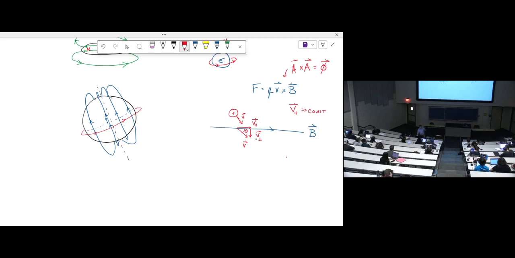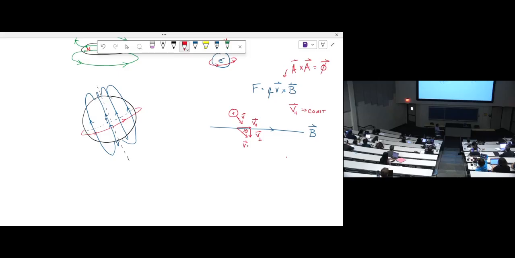What about V perpendicular? I saw some of you already exercising your right-hand rule. We'll get to that in a second. The right-hand rule is going to give us a way to calculate in what direction the force is. I'm going to start with V. V is going to be down and to the right here. Then I want to turn my palm such that as I curl my fingers, they would point in the direction of the magnetic field.